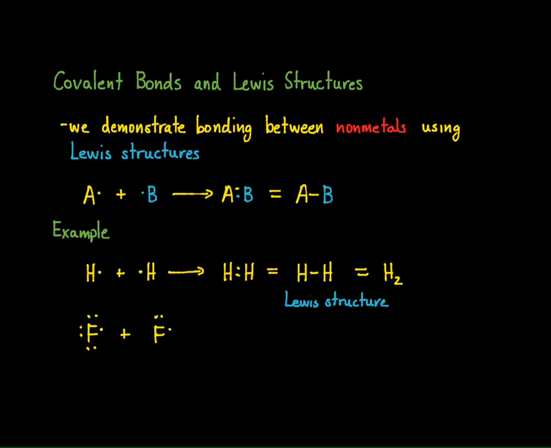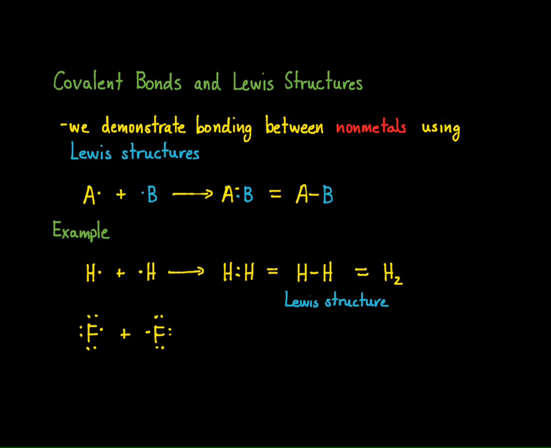Another example of this would be when two fluorine atoms come together. So fluorine has 7 valence electrons in its outer shell. And so drawing the Lewis dot symbols of fluorine, remember we draw 2 electrons on each side of an atom if we envision a box around that atom.